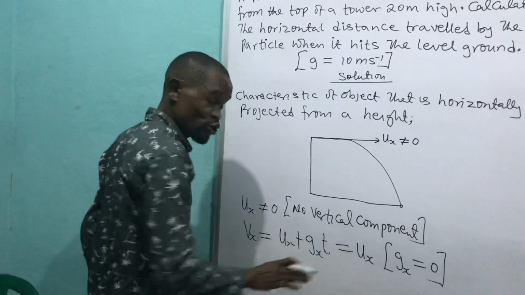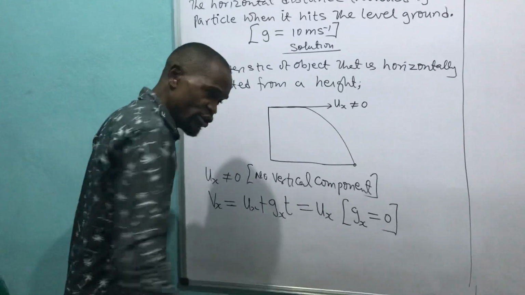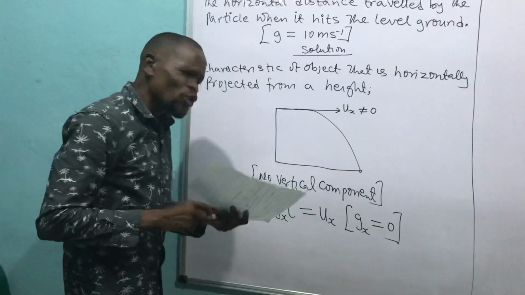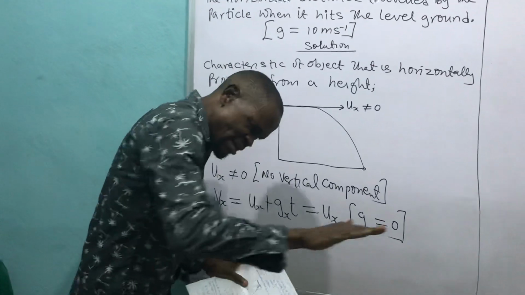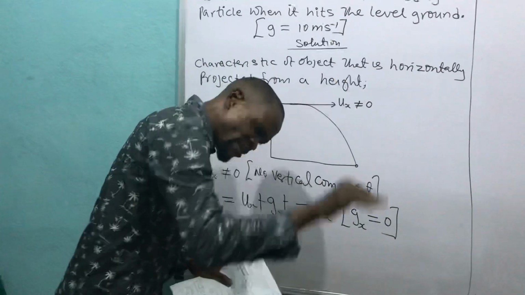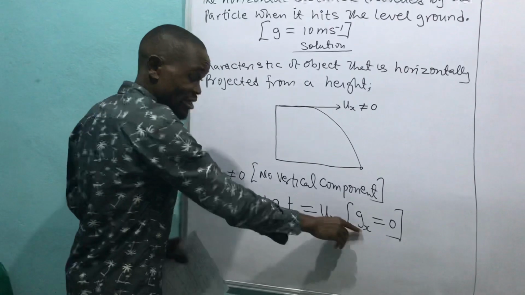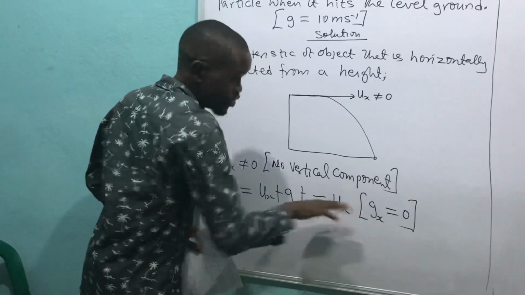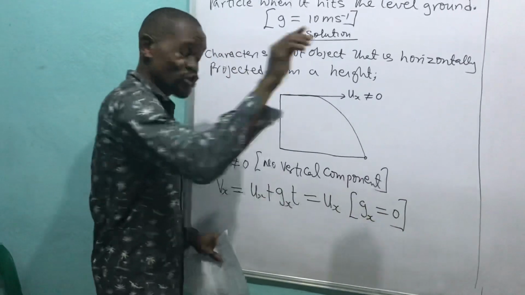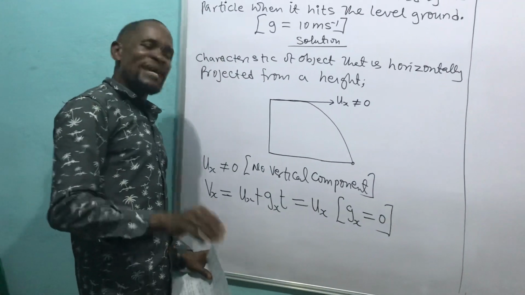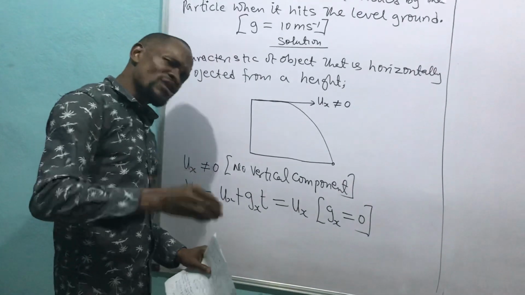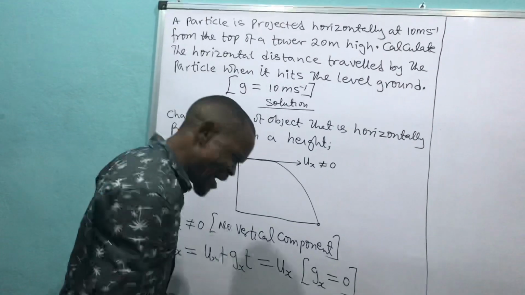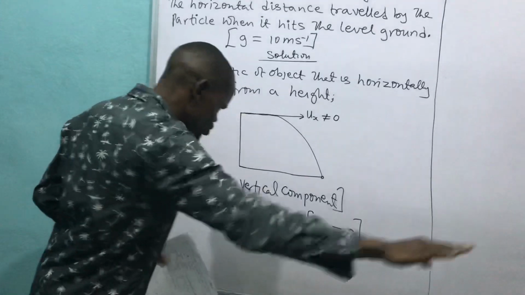If an object is moving horizontally, acceleration due to gravity has no effect on it. That is acceleration due to gravity on the x-axis, gx, which is equal to 0. Acceleration due to gravity only affects an object that is moving upward or falling down. It has no effect on horizontal motion.